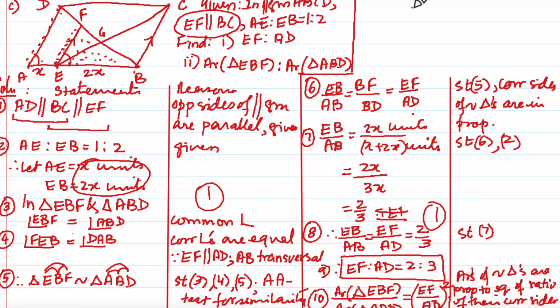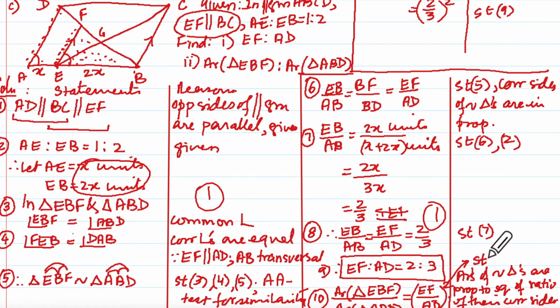Then you will write equal to, below that, 2 upon 3 whole square. And which statement said that? Statement 9. Here I had to write one more thing. Which one? Statement 6. Okay, statement 6 I had to write here for statement number 10.